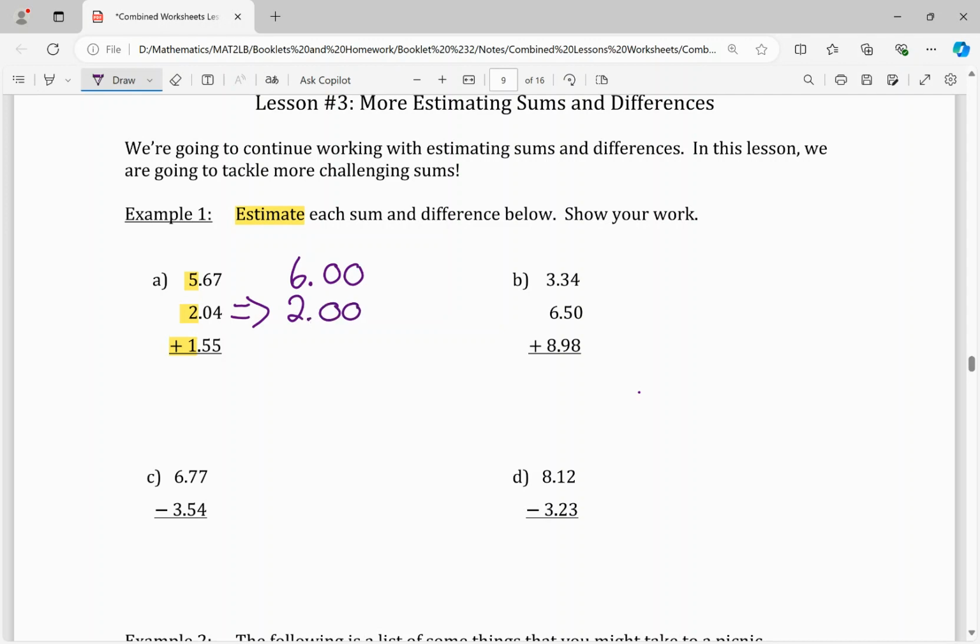And our third number, 1.55, that 1 is going to round up to a 2 because the 5 tells us to round up. Now we are adding all of these together. So 6 plus 2 is 8, plus 2 is 10. This is going to be 10.00, or in other words, just 10.